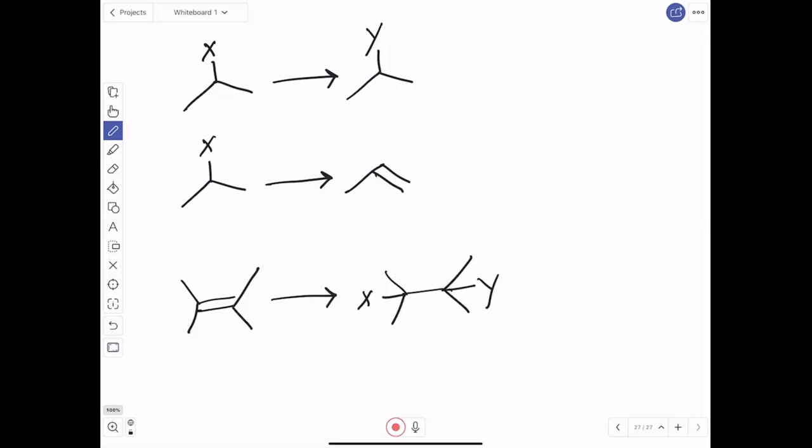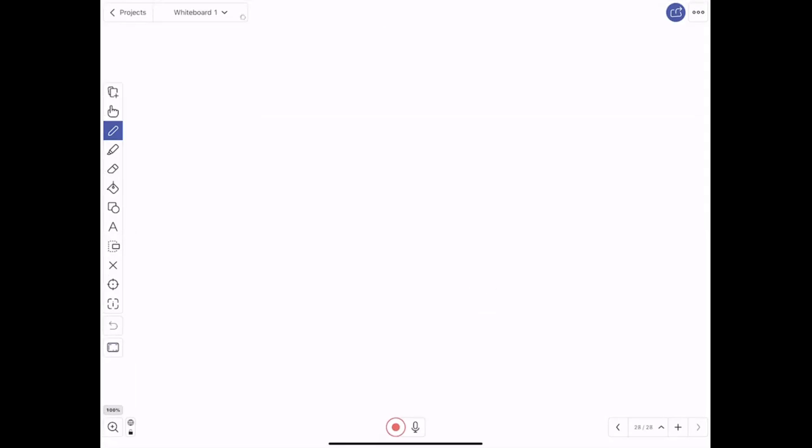Now you should be able to use all these reactions for synthesis to prepare different molecules, for example. Give the reagents for this transformation.